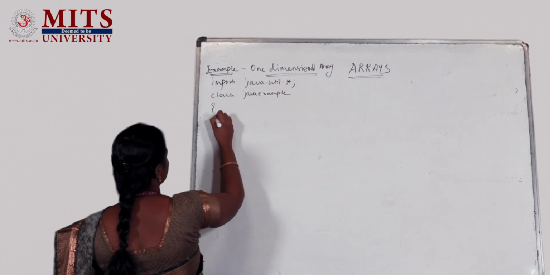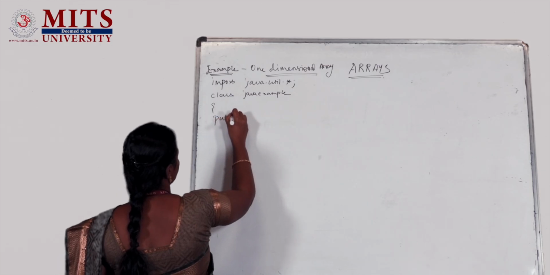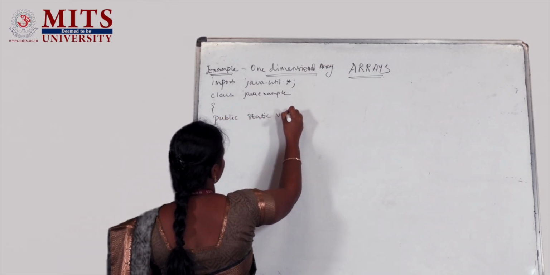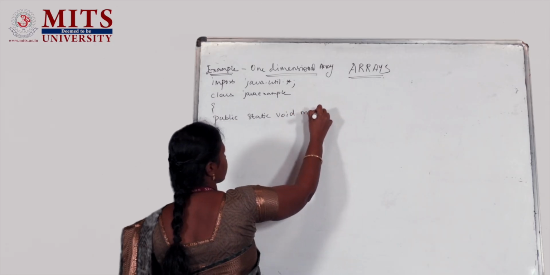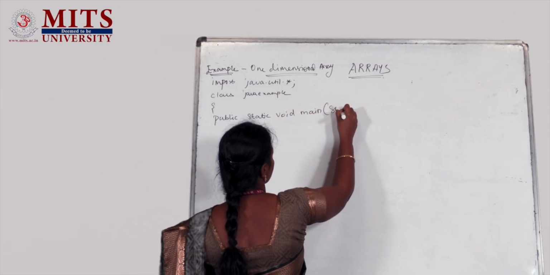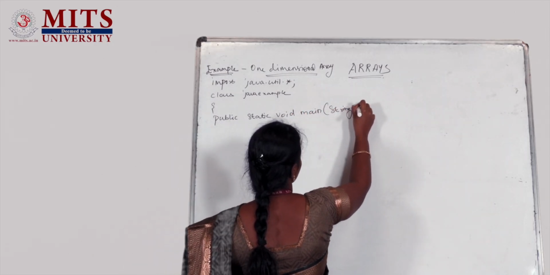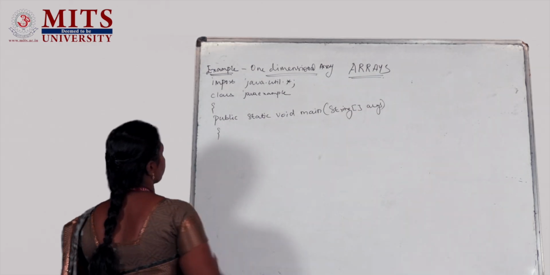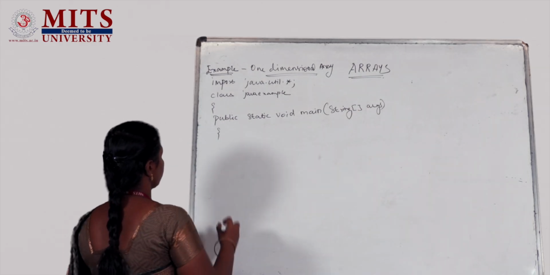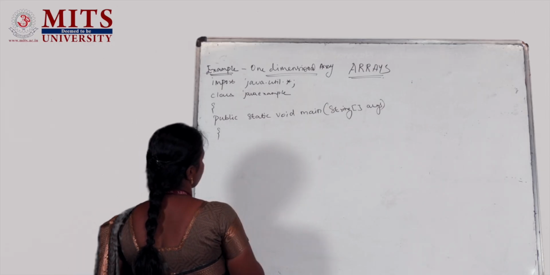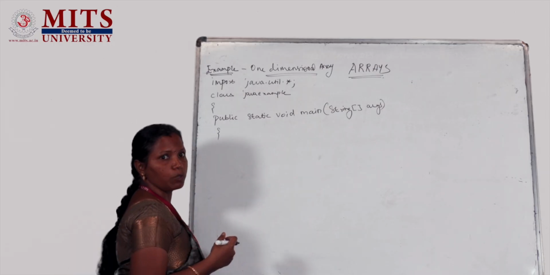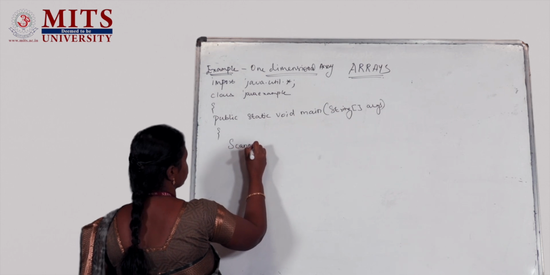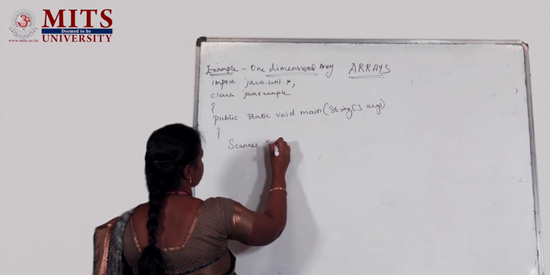Inside the class, we are going to create a main function. Inside the main function, in order to take the input, we are first going to create an object for the scanner class.